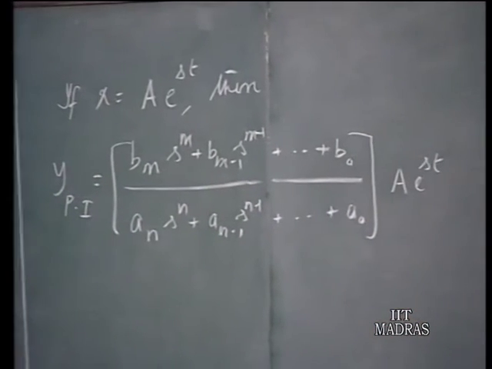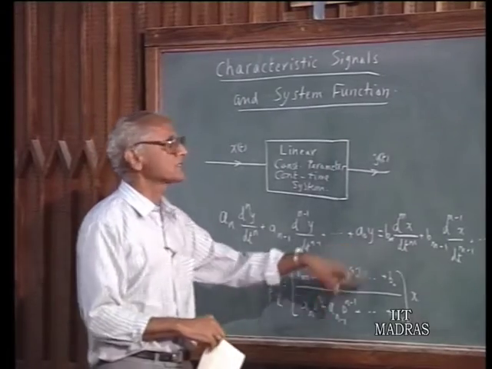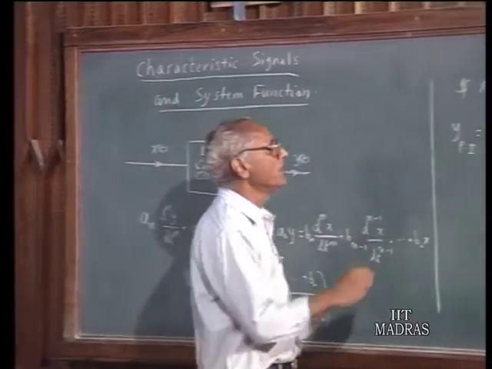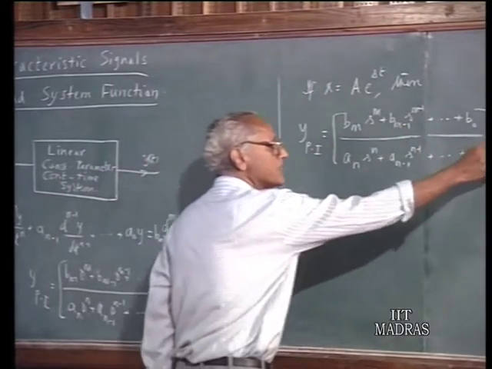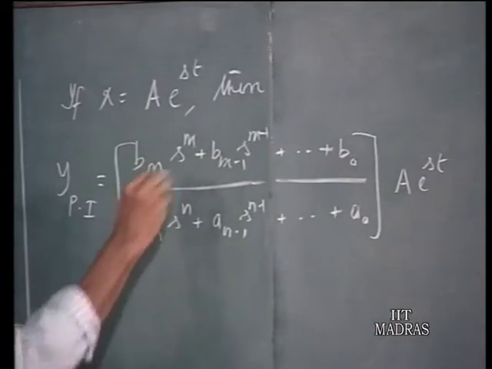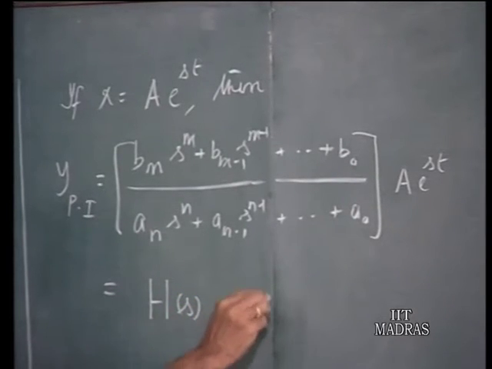So, for the particular integral solution of this differential equation, all you have to do is substitute s for D. If x is A e to the power of st, y particular integral is some quantity times A e to the power of st. We often call this H of s.